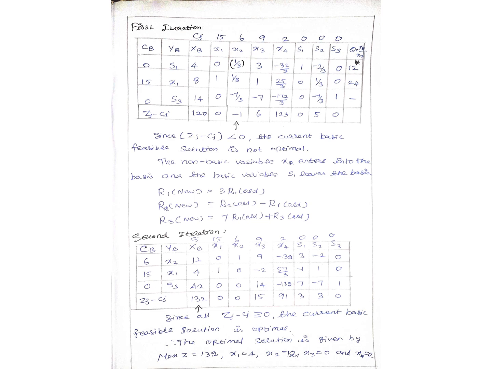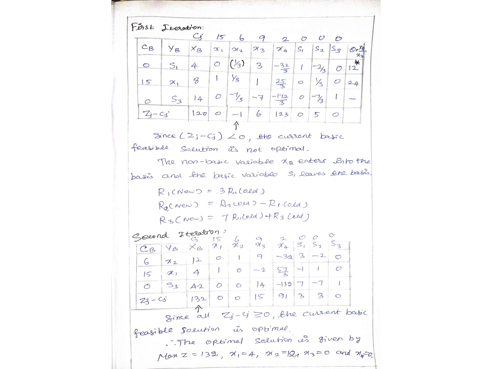Here Zj minus Cj is less than 0, so the current basic feasible solution is not optimal. So next we go to the second iteration. The non-basic variable x2 enters into the basis, and the basic variable s1 leaves the basis.